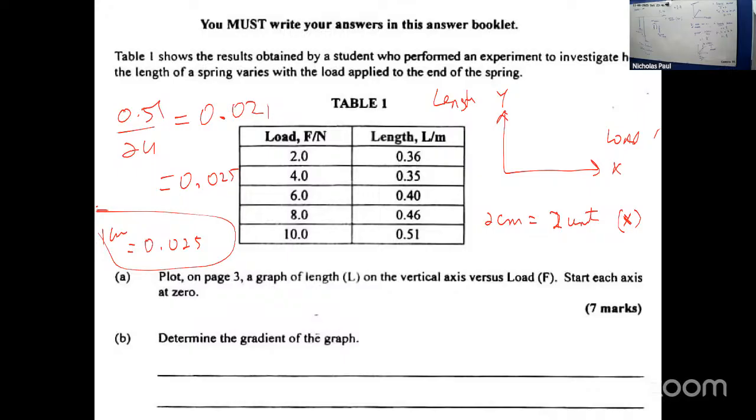Plot it up, and we need the gradient. You've got all 5 points up. When x is 2, y is 0. Four is what?